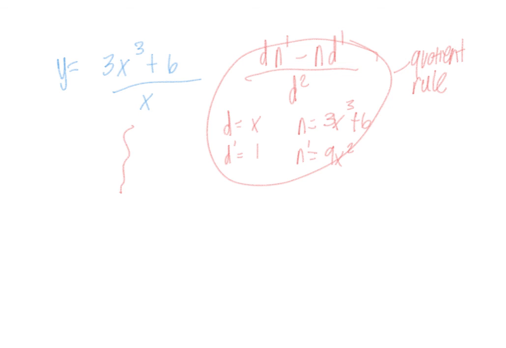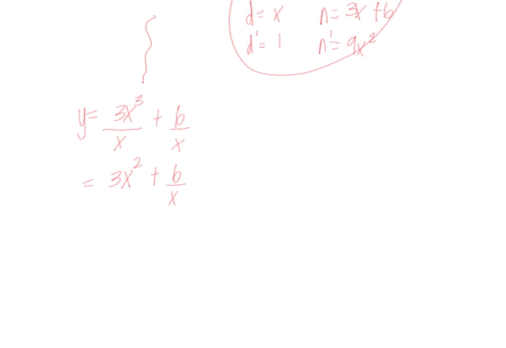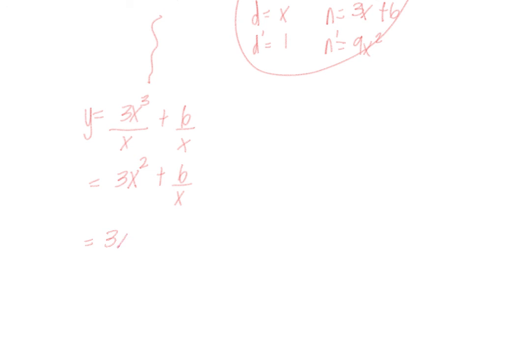Or I could say that y is equal to 3x cubed over x plus 6 over x, which is equal to 3x squared plus 6 over x, which, I mean, I could then think of as 3x squared plus 6x to the negative 1, and I could take the derivative of that.